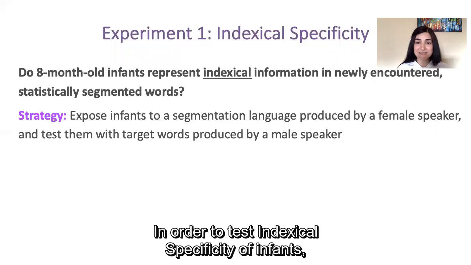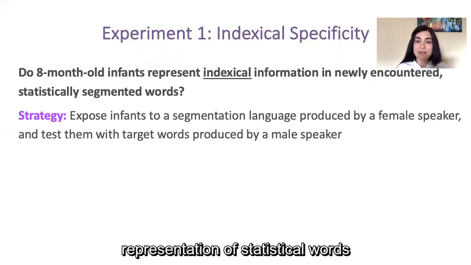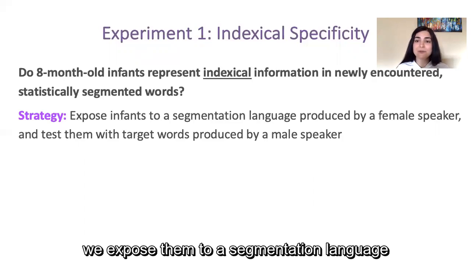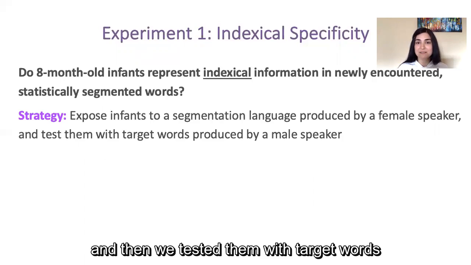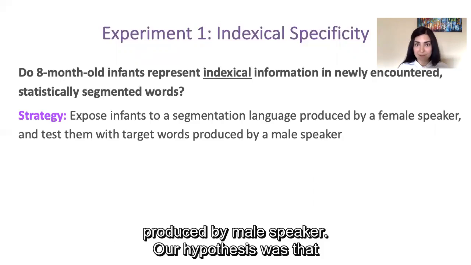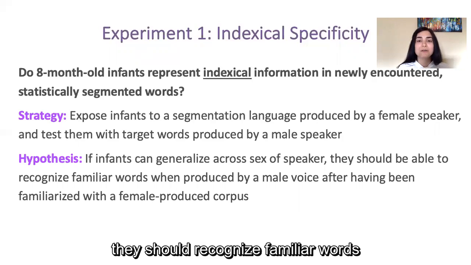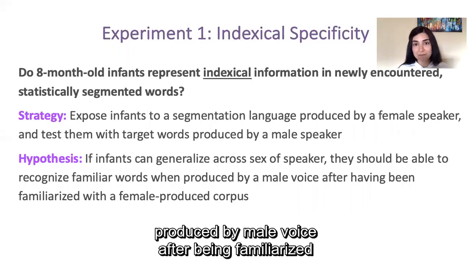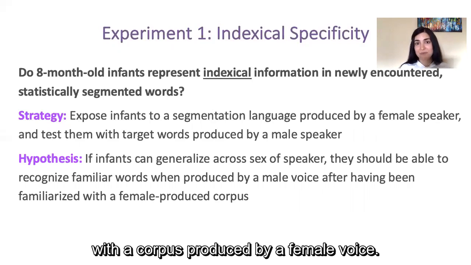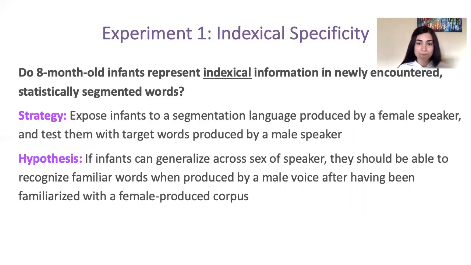In order to test the indexical specificity of infants' representation of statistical words segmented from a natural language, we exposed them to a segmentation language produced by a female speaker, and then we tested them with target words produced by a male speaker. Our hypothesis was that if infants can generalize across sex of the speaker, they should recognize familiar words produced by a male voice after being familiarized with a corpus produced by a female voice.